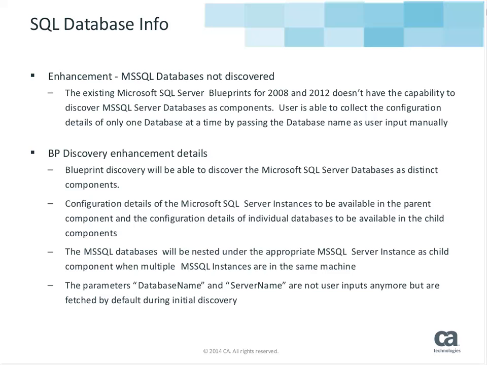I also want to take a look at what is nested from a MySQL perspective, what server instance has child components when multiple instances are on the same machine. And then some of the parameters, the database name and server, are not user inputs anymore, but are fetched by the initial discovery. So this adds value into looking into our SQL Server.